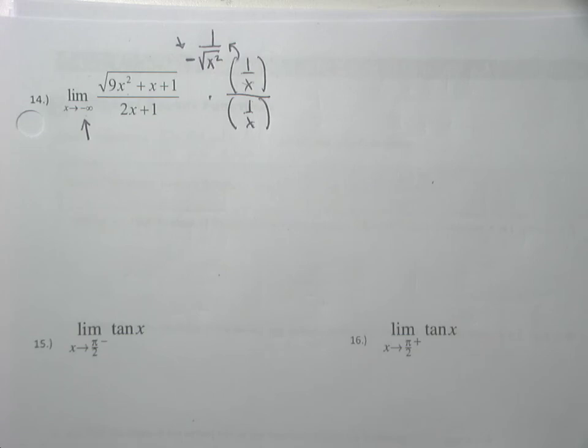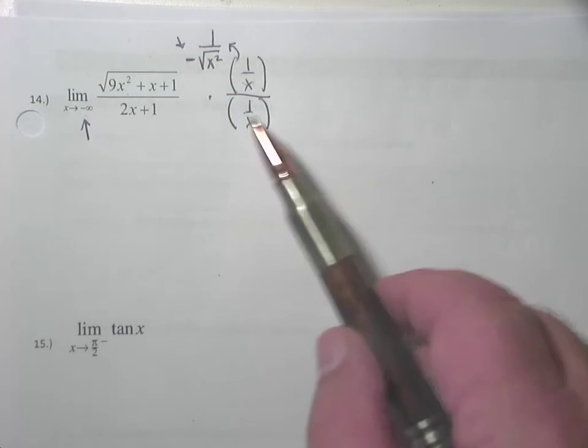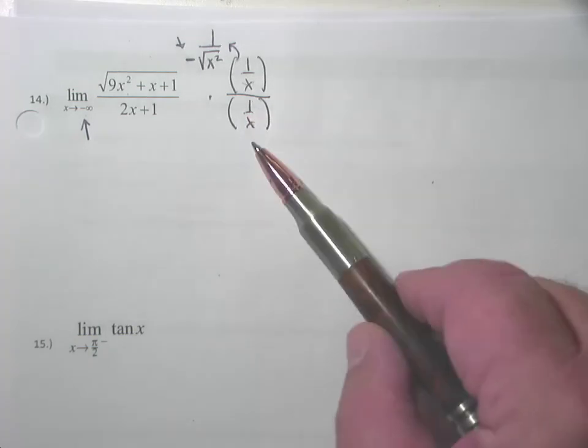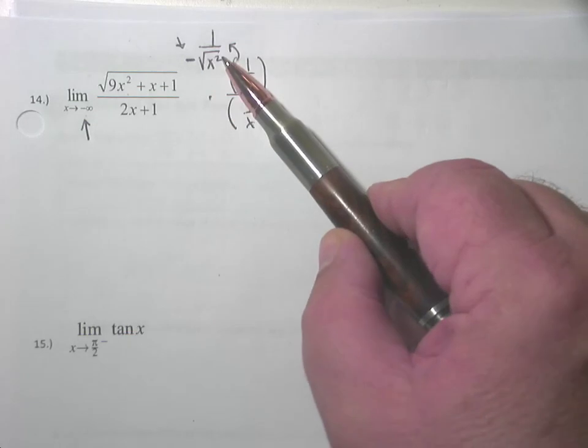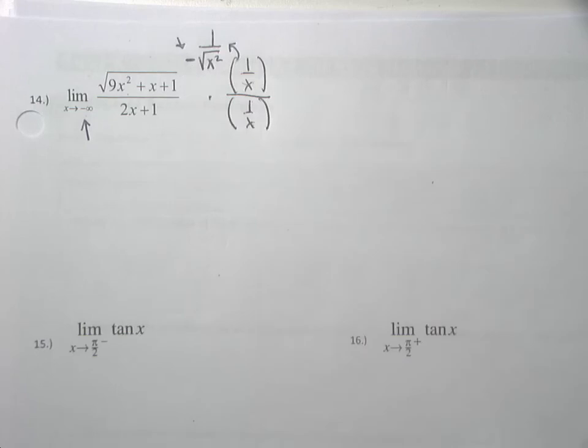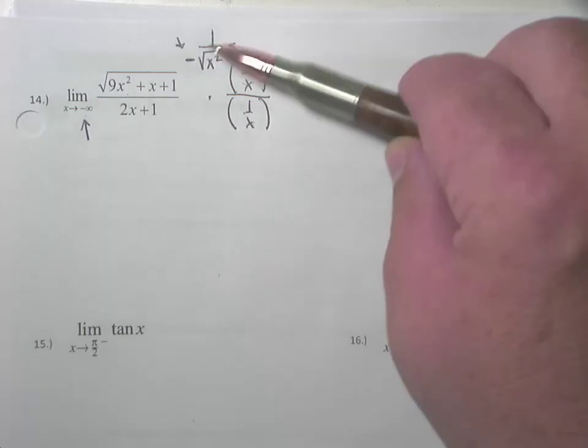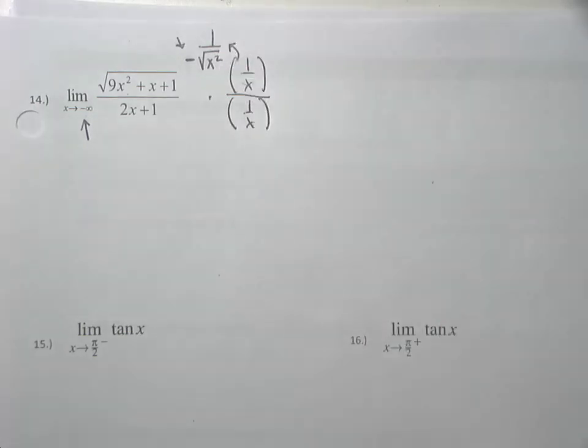So now, when I plug in negative infinity, negative infinity squared is positive infinity. The square root of positive infinity is positive infinity, but with the negative out front, we're back to negative infinity. This is 1 over negative infinity. This is 1 over negative infinity. Now we're like terms. It's a ratio of 1.